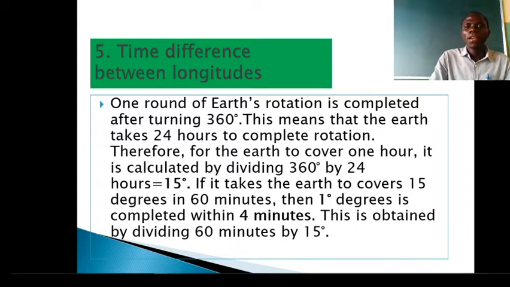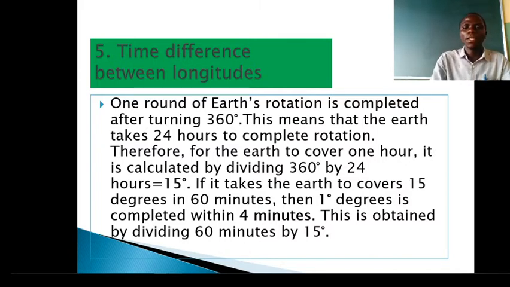One round of the Earth rotation is completed within 360 degrees. This equals to 24 hours. Therefore, for the Earth to cover 1 hour, it is calculated by dividing 360 degrees divided by 24 hours, which will give us 15 degrees.